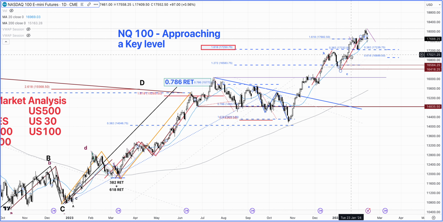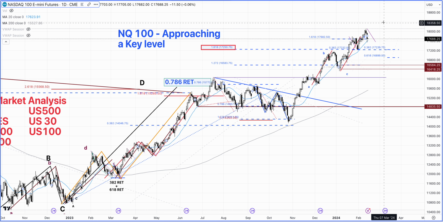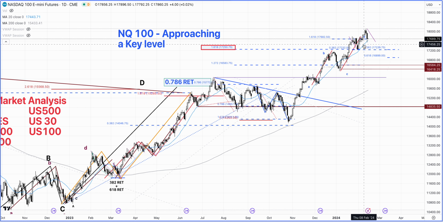The difference is that when this pullback happened starting at the end of January, it took a good few days, one trading week, excuse me. The move was so forceful today that it retraced that much in just a couple of trading days, from top to bottom, right at the 20-day moving average.